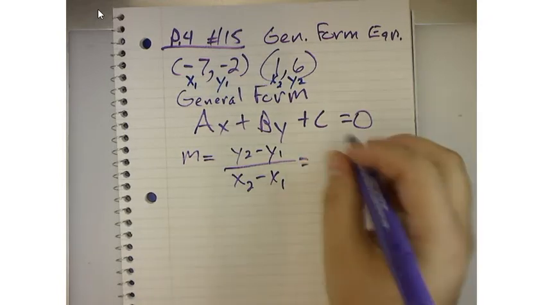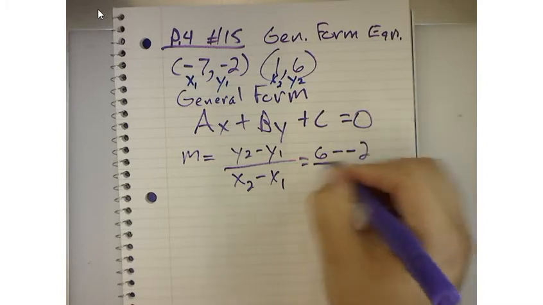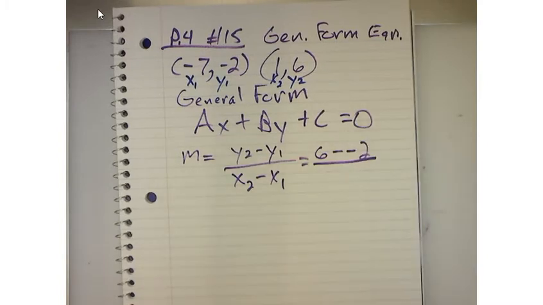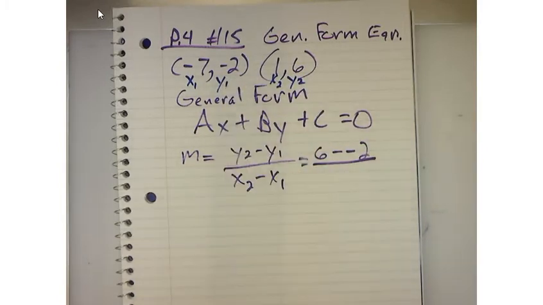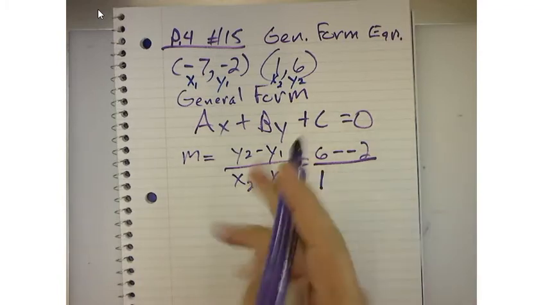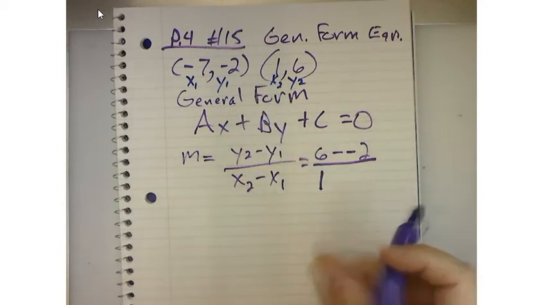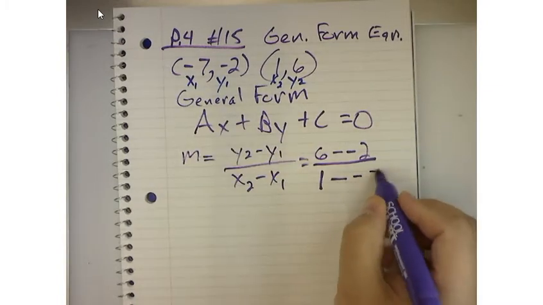So I'm going to get 6 minus y sub 1, which is -2. You guys see where I got those numbers from? 6 minus -2. And then on the bottom, I'm going to get 1. I'm going to take that from here, x sub 2, minus x sub 1, but x sub 1 is actually -7.